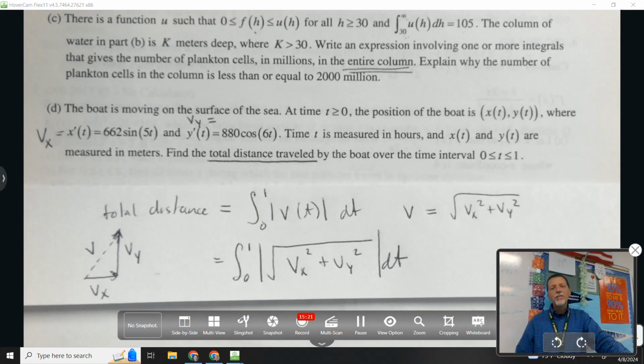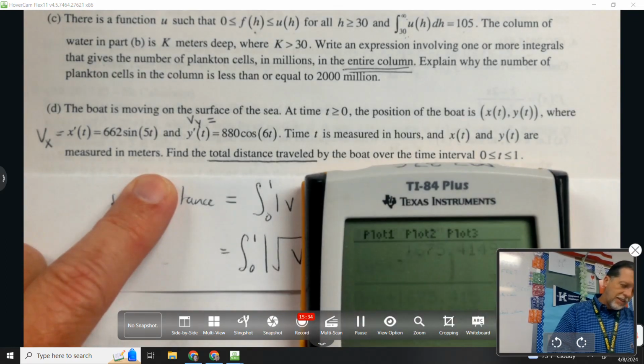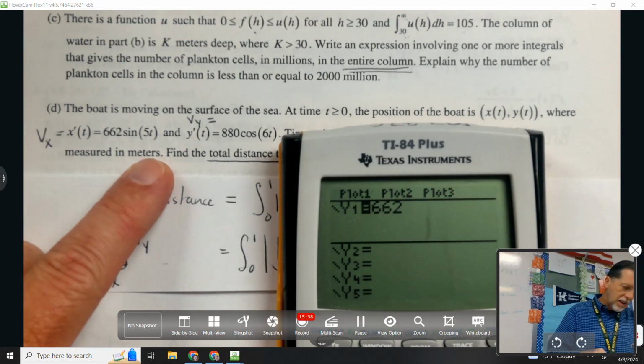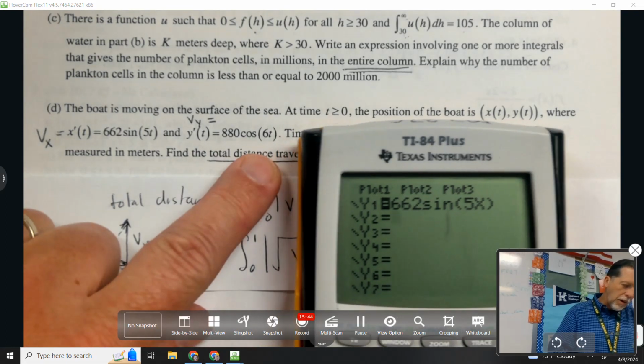Actually, I really don't need the absolute value bars if I'm taking the square root, because that's going to give me a positive answer. Yeah, I think I'll put those in for y1 and y2. That way it's less, well, it's more typing, but I think it's easier to keep up with things. Makes my final answer cleaner if I put them in for y1 and y2.